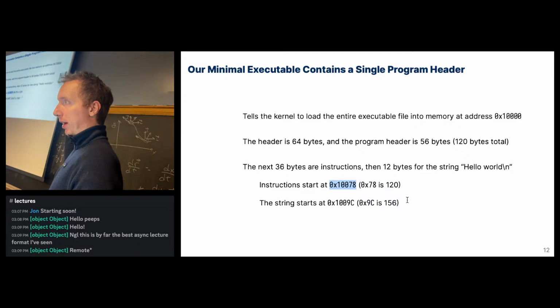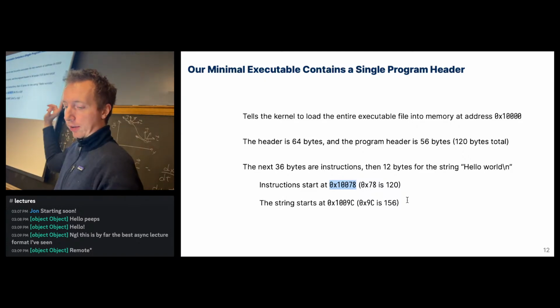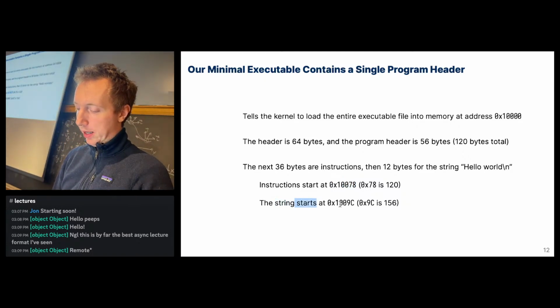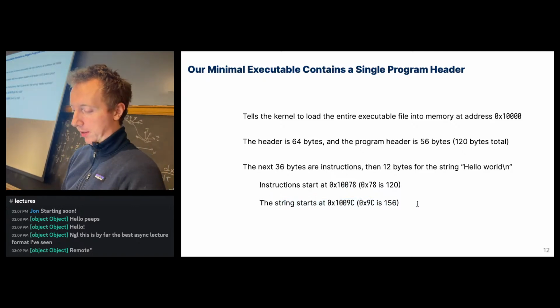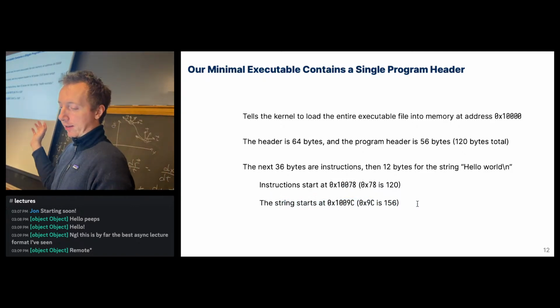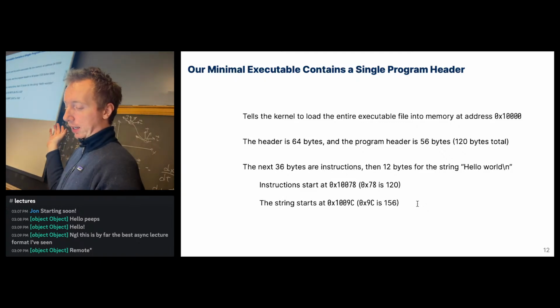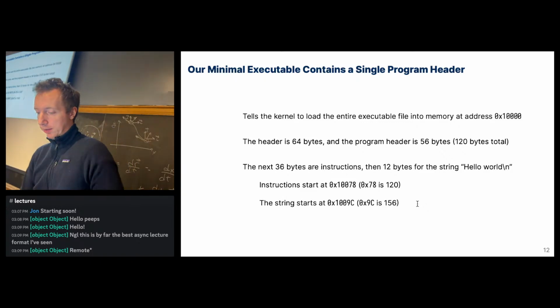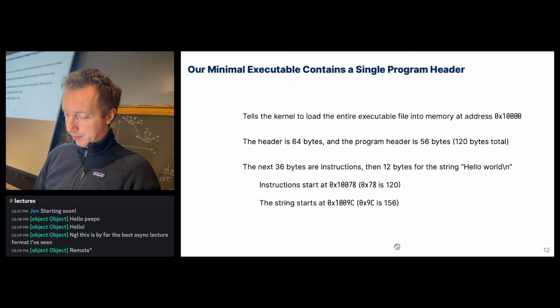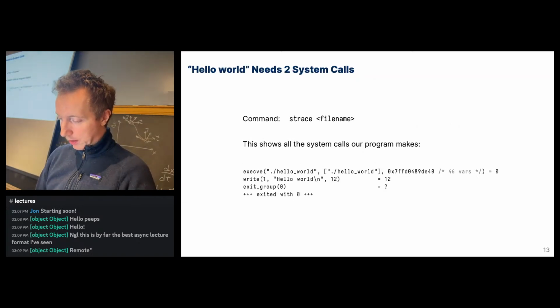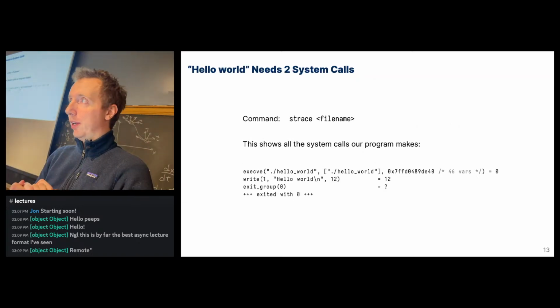That was our starting address, so it just says start executing this instruction. And then this is the address of the string. So it's 10,000 9C, because 9C is 156. So that's all hello world is.